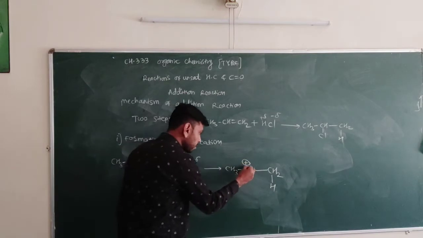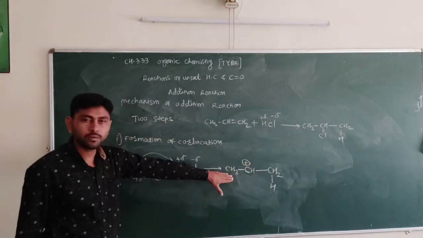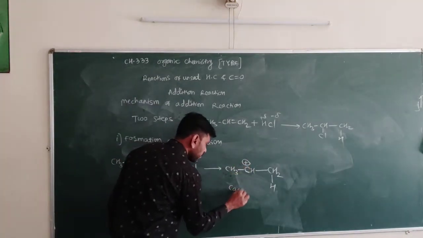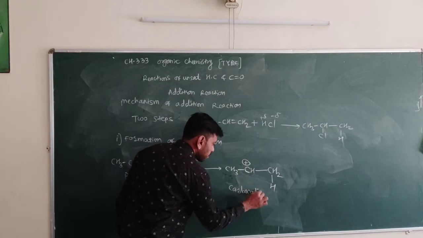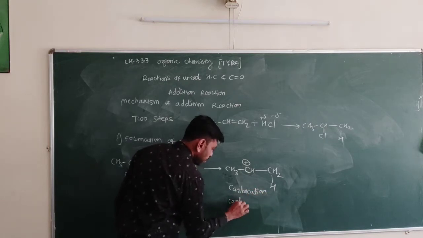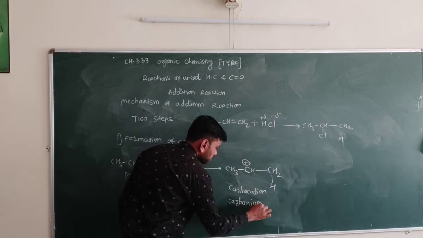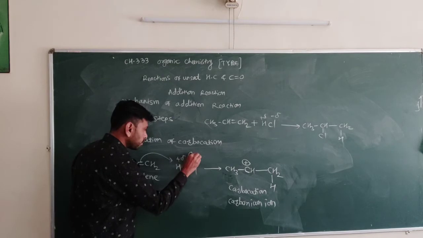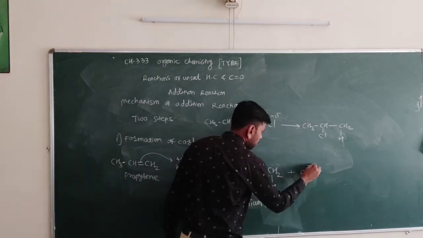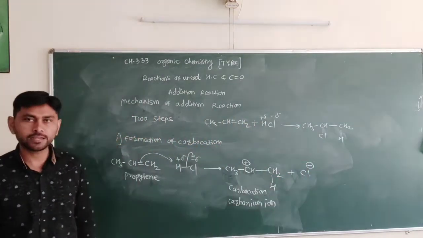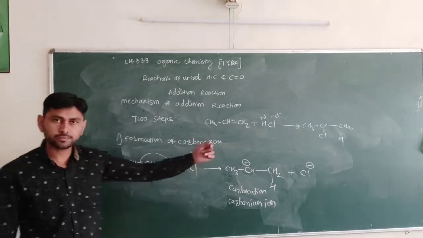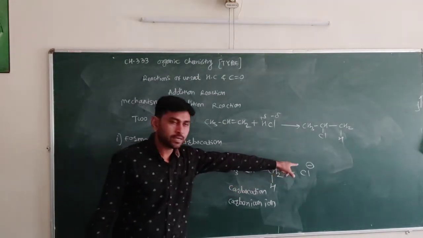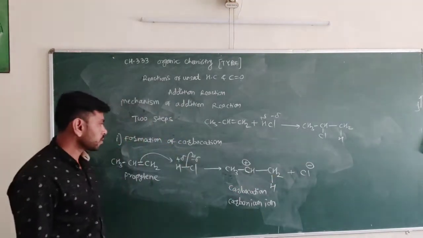We get a molecule with a carbon with positive charge, called a carbocation, or carbonium ion. And here is another leaving base with negative charge, an electron donor. Not always with negative charge, sometimes it may be a neutral molecule, but here the negatively charged base is the other product.